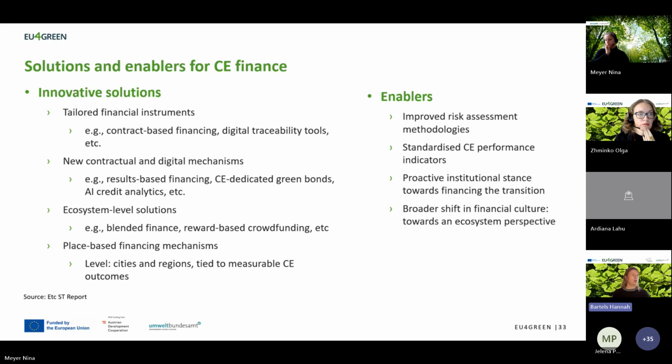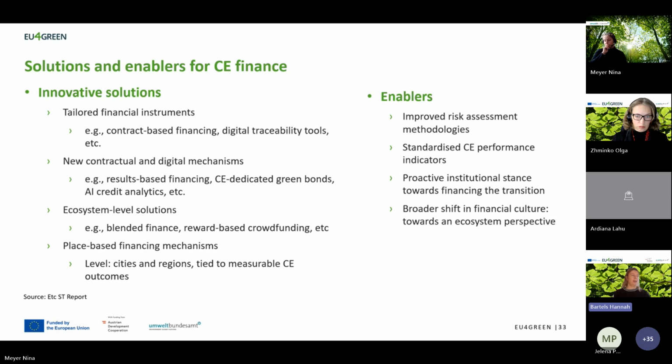We also see new contractual and digital mechanisms, which can be related to results-based financing, but also, as heard before, CE-dedicated green bonds, which are still only a minority of the green bonds being issued so far. On the level of ecosystem-level solutions, we see the need for blended financing, but also reward-based crowdfunding can be an option.